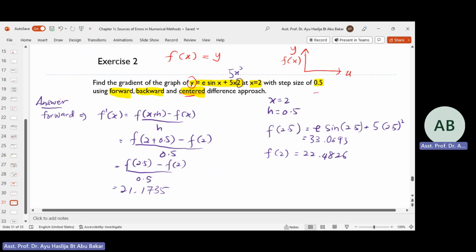Let me know if you need me to repeat. Now this one, forward is settled.